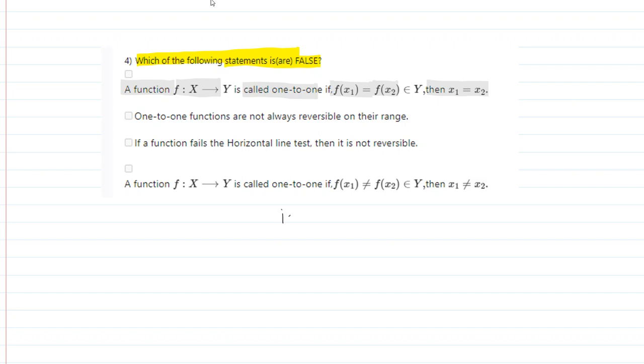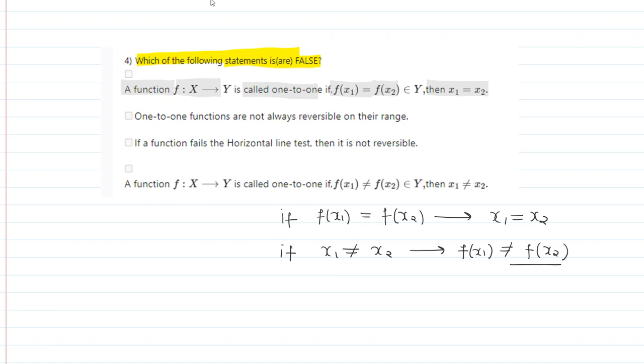If f(x1) is equal to f(x2), then it connotes that x1 is equal to x2, or if x1 is not equal to x2, then it connotes that f(x1) is also not equal to f(x2). If either condition is fulfilled, then the function is one-to-one, right? So this is correct.